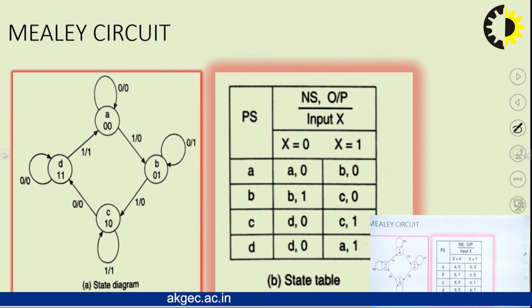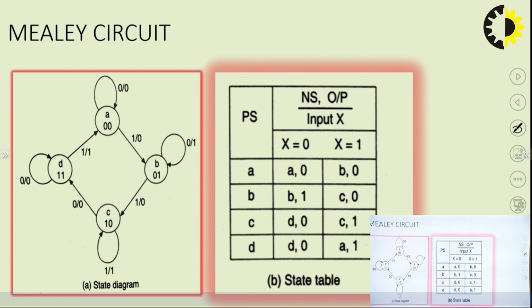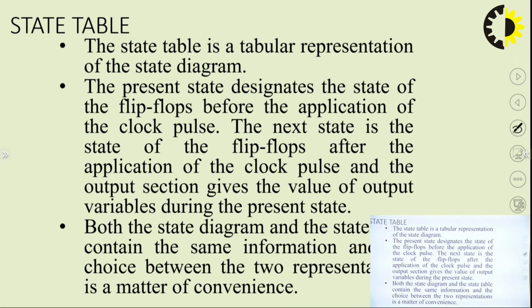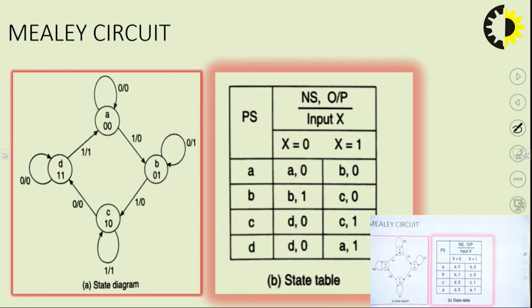Here we can take one example for the Mealy circuit, and the state diagram is shown like this. Maybe in the examination you may be given this particular state diagram. Here I can see there are four states: 1, 2, 3 and 4.